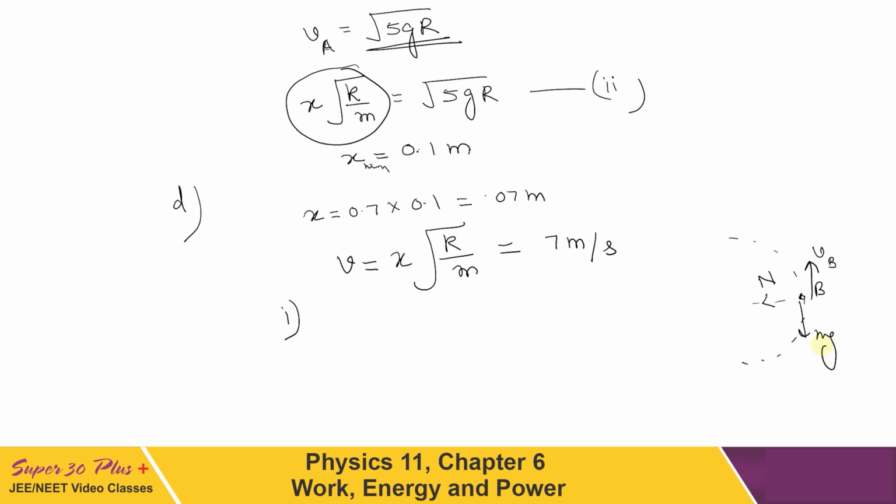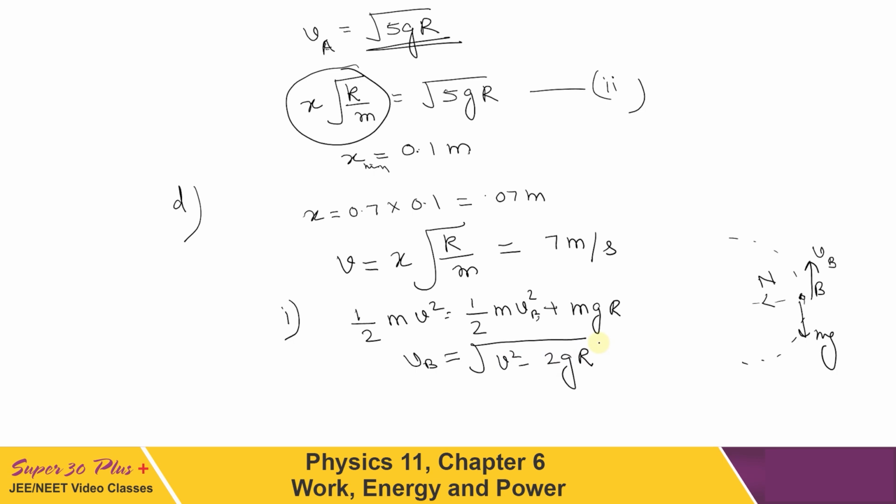Then we can write from energy conservation, half mv square should be equal to half m vb square plus mgr, which gives vb equal to root under v square minus 2gr, and on substituting the numerical values it will come out to be 3 meter per second.